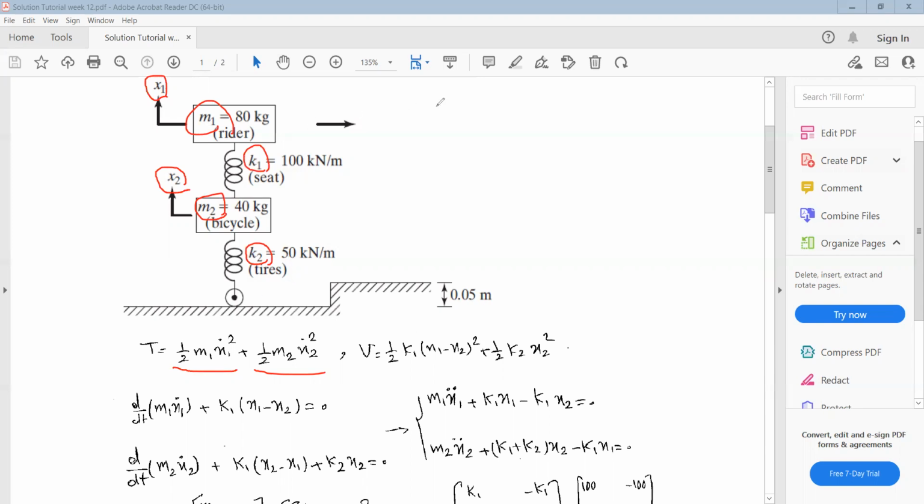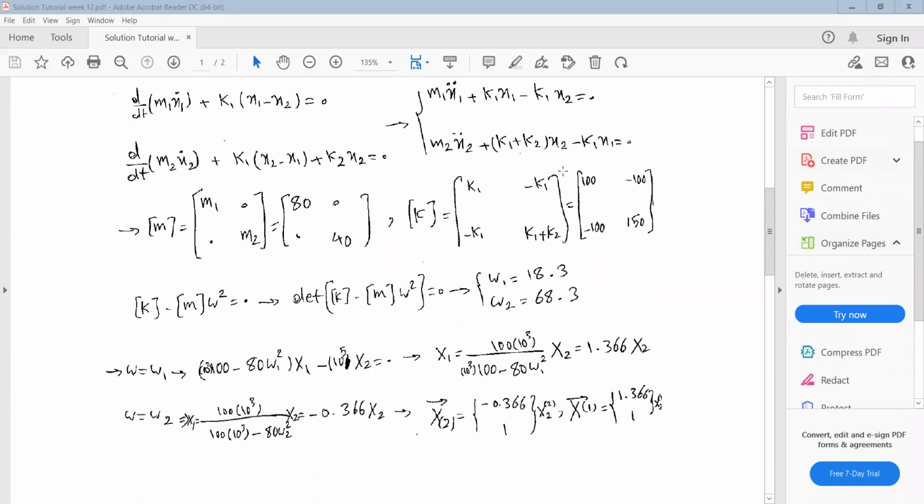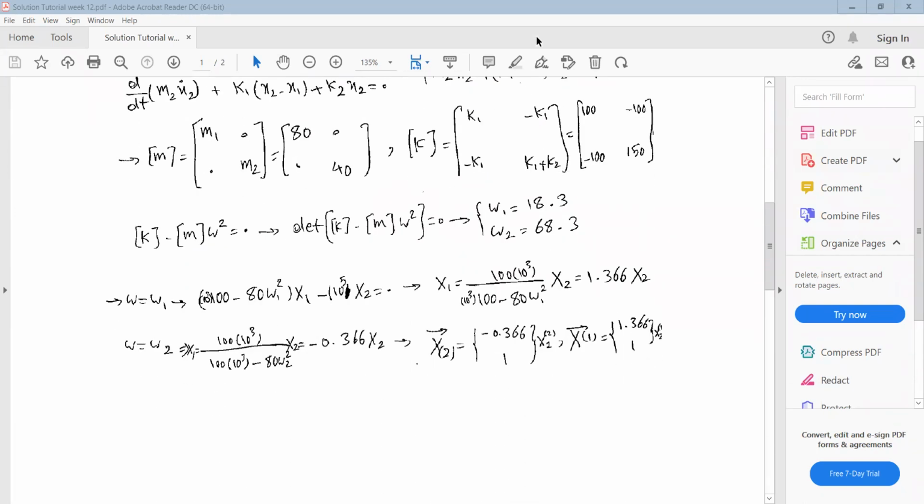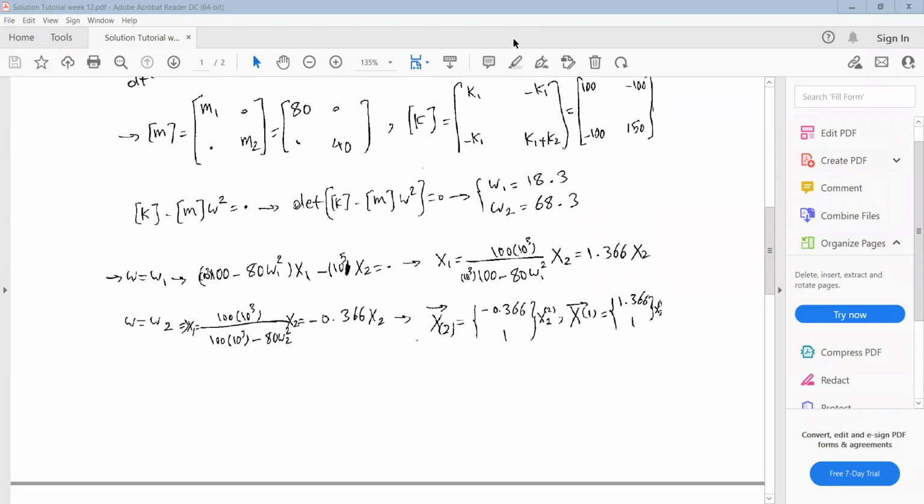So we can substitute into the Lagrange equation to extract the equation of motion. And in the matrix form, we will have two equations of order 2, two ordinary differential equations of order 2. In the matrices M and K, you can substitute the numerical values for M1, M2, and K1 and K2.